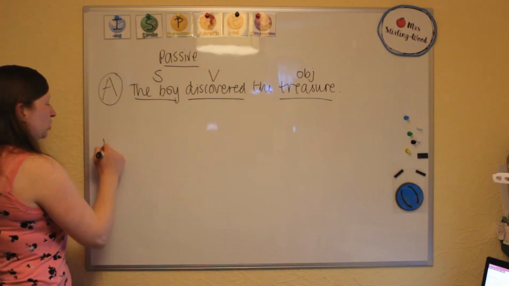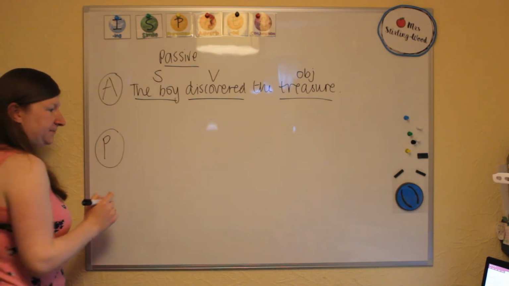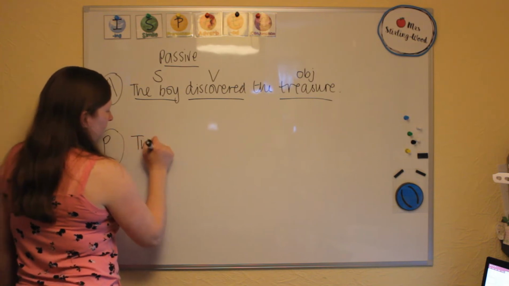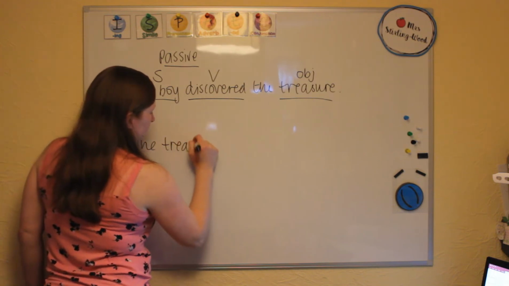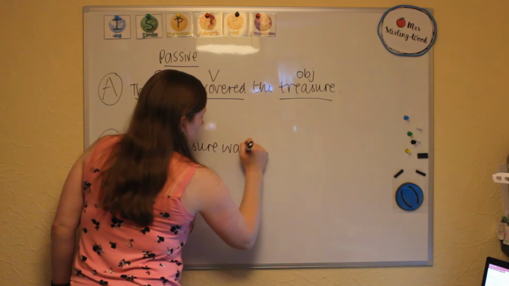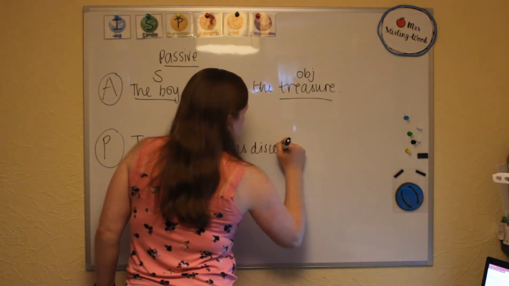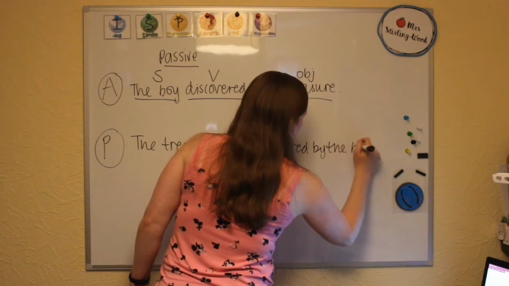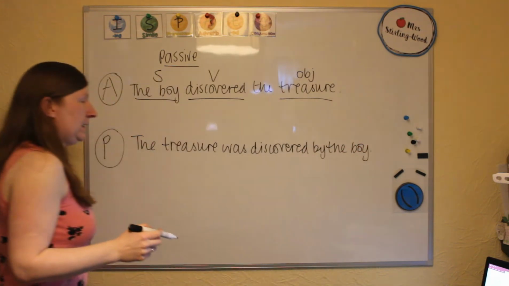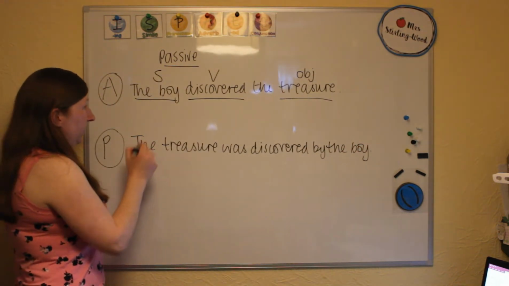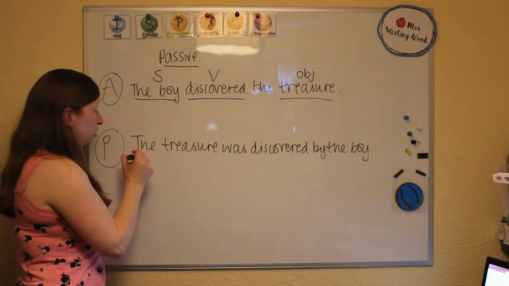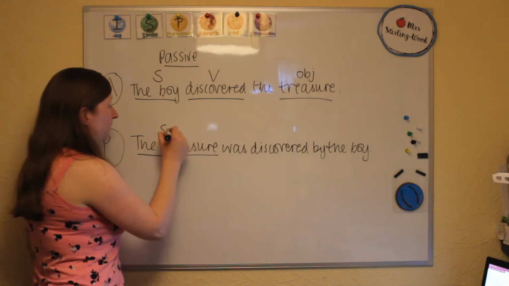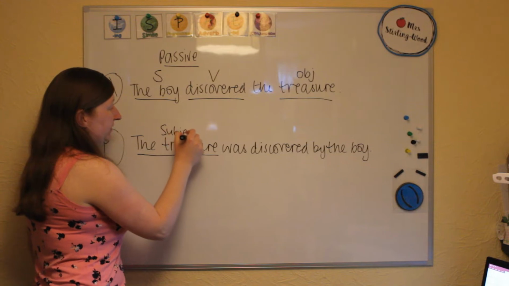When I make this into a passive sentence, it becomes the treasure was discovered by the boy. Okay, now here in our previous sentence, this was the object. This has become the subject here.